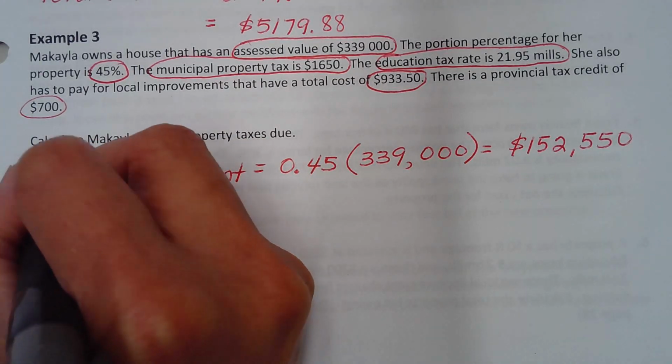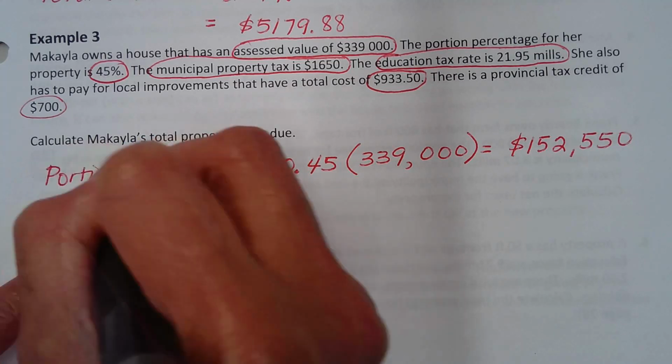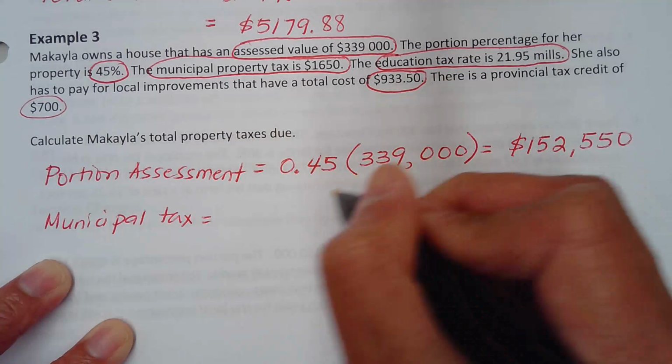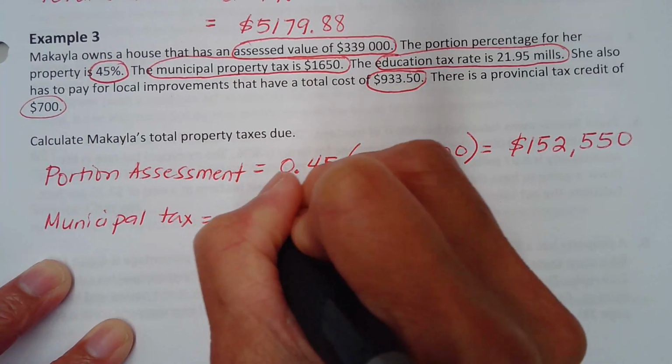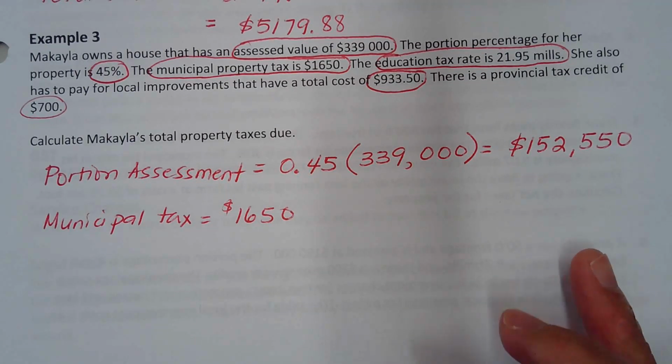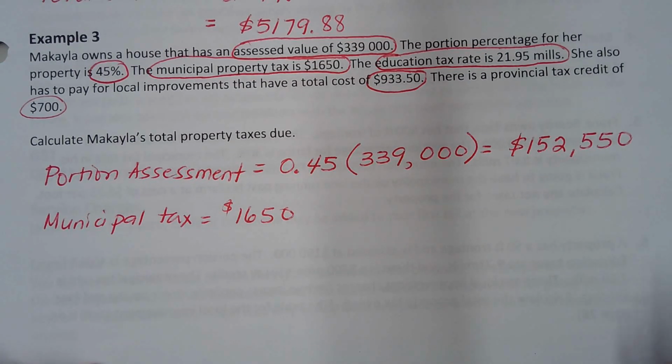Now, municipal tax, it's done. Gotta just write that down. Municipal tax is $16.50. No need to calculate anything because that's just that.